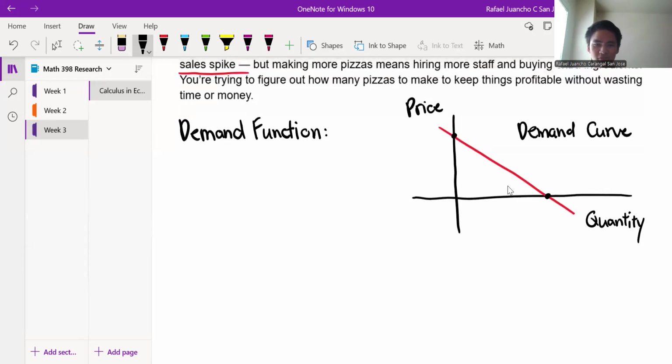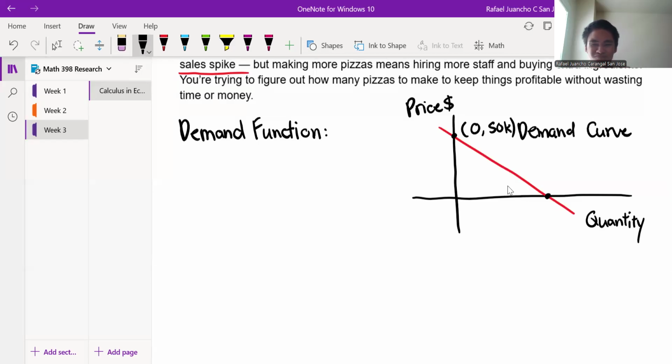Well, if we start at this point here, let's say we have the point zero and some price. I don't know what price this is, so I'm just going to say we start at $50K. Sure, let's actually say the price is in dollars.